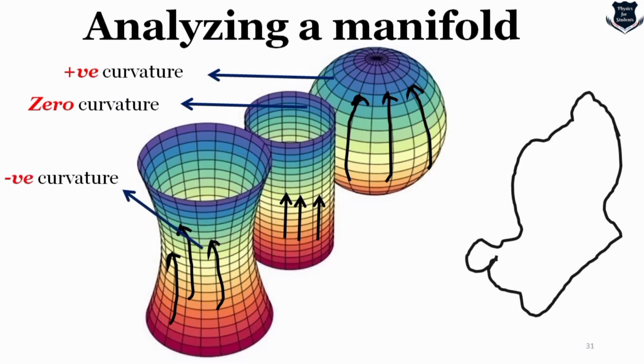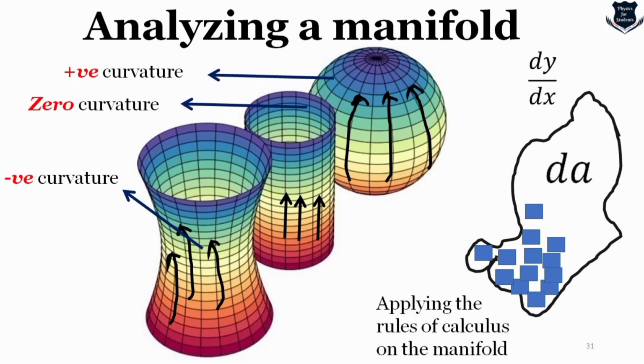What I would like to show you is that when we talk about differential geometry, we take any arbitrary surface and divide it into small parts. That means we are trying to see the differentiation. So we do dy by dx or dA, and we can apply the rules of calculus now on manifolds.